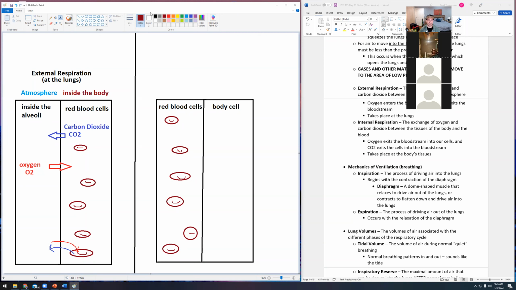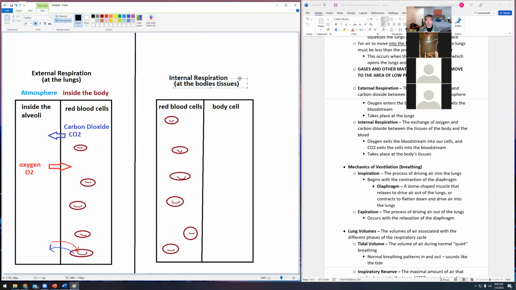This is internal respiration, and this is happening at the body's tissues. So this is happening on a tissue level on this side, right? So what's going to happen is literally exactly the opposite.